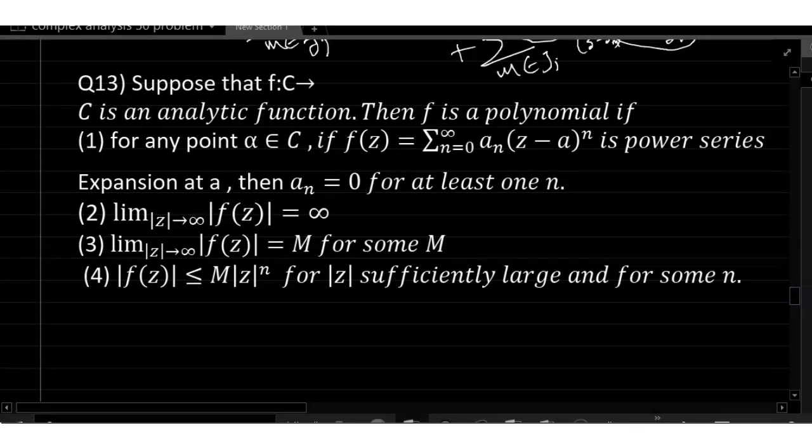Number 13. Show that if f from C to C is an analytic function, then f is a polynomial if for every point alpha belongs to C, f(z) has a power series expansion at alpha with a_n equal to 0 for at least one n.